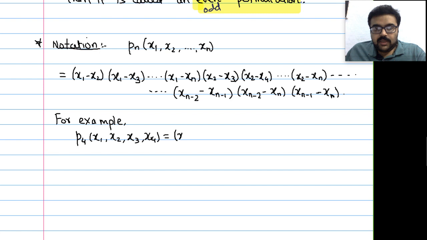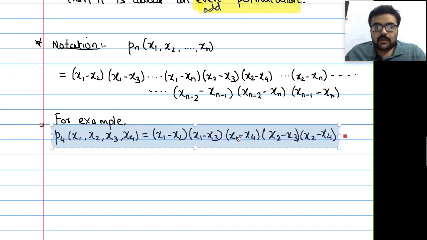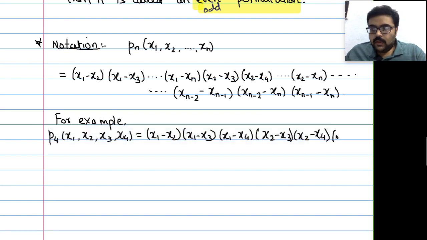So this is going to be x1 minus x2, x1 minus x3, x1 minus x4, and then x2 minus x3, x2 minus x4, and then one more thing, x3 minus x4.